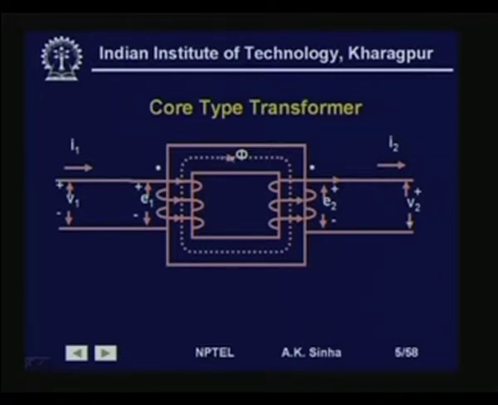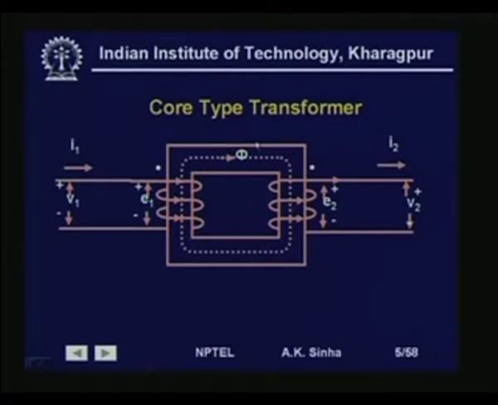That is, this flux is maintained at the same level in this core, whatever may be the load on this side. So, if you increase the load, this will try to increase the current here, and that will try to reduce the flux here, but more current will flow here to try and maintain this flux in the core.